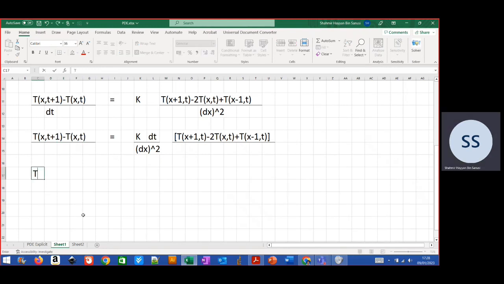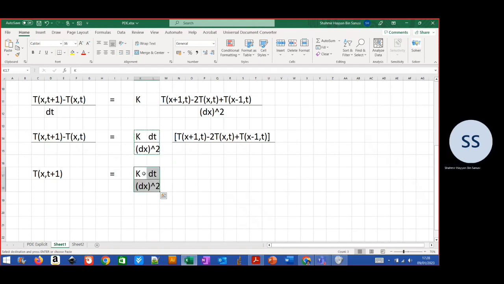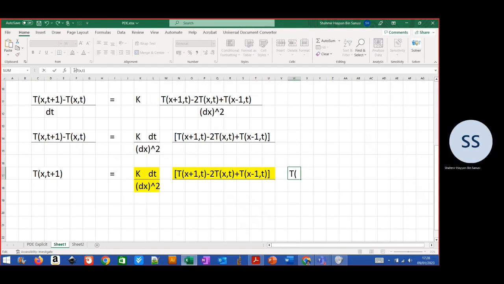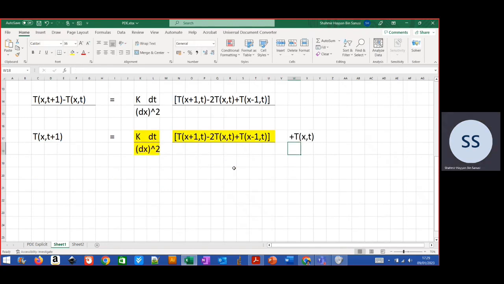So T x, t plus 1 is equal to this, multiplied by this, plus T x, t.